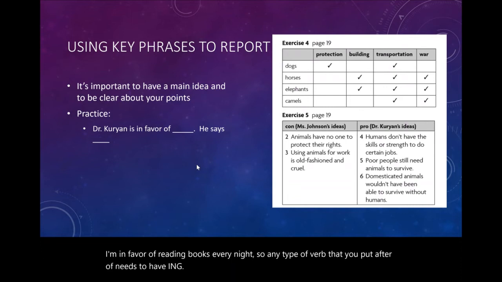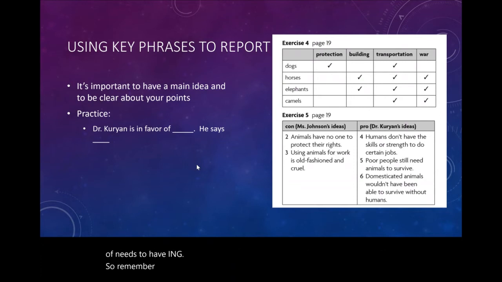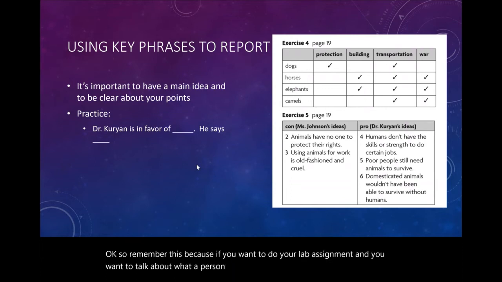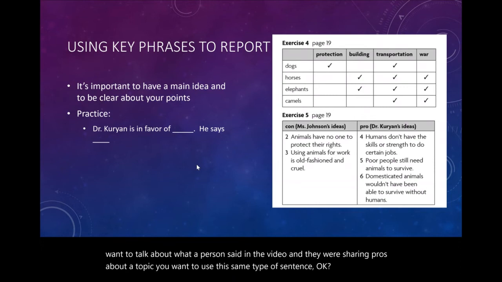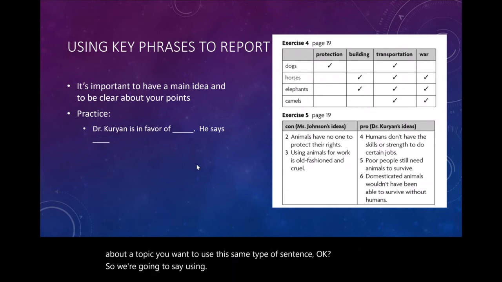So remember this, because if you want to do your lab assignment and you want to talk about what a person said in the video, and they were sharing pros about a topic, you want to use this same type of sentence. So we're going to say using animals for work.